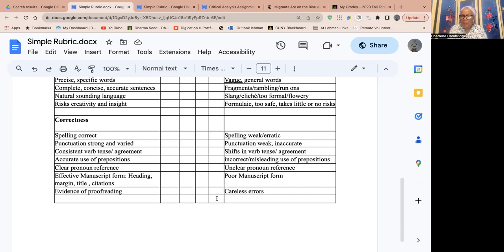Accurate use of prepositions. Prepositions are the last thing anybody learns in any language. Little children would say, I'm on top of the bed when they're under the bed. So prepositions tell you where you are in space and time. New Yorkers and I think Americans, sadly, are overusing the preposition to.